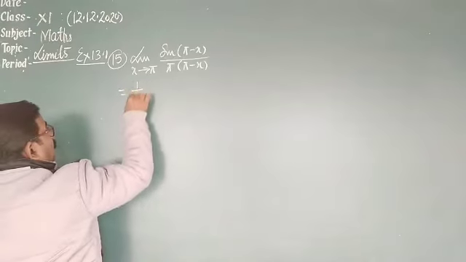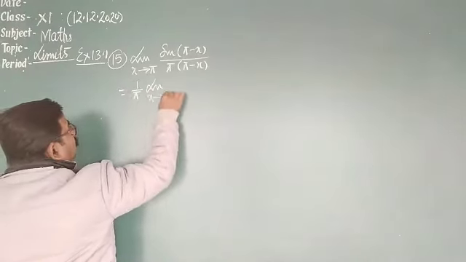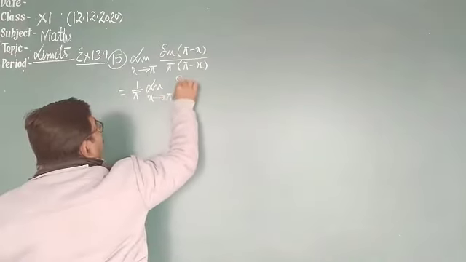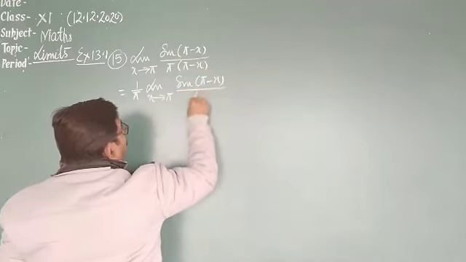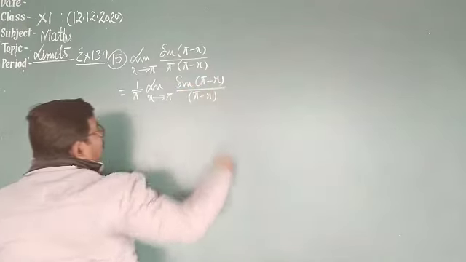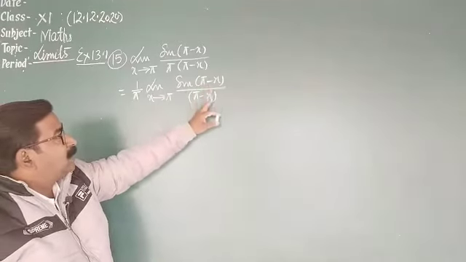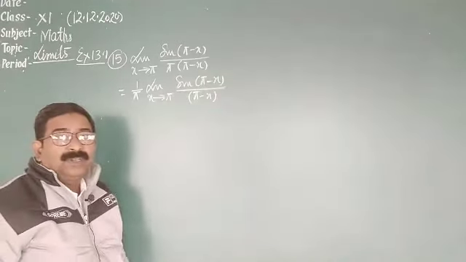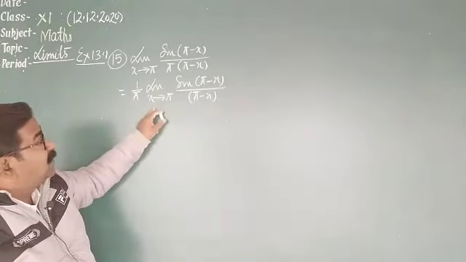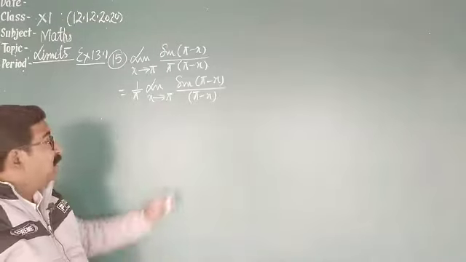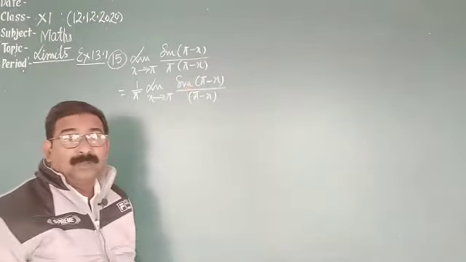Means we can write 1 upon pi, limit x tends to pi of sin(pi minus x) upon (pi minus x). Actually this is looking like the form sin x upon x, but the limit is not x tends to 0. It needs limit x tends to 0, in which case it is equal to 1.